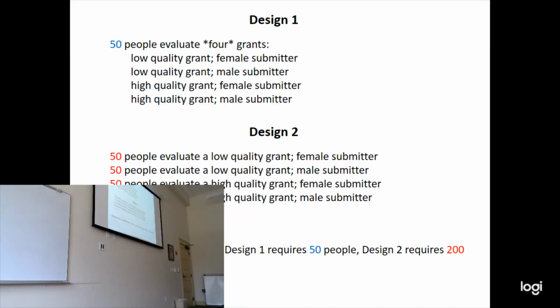Would you call the second design just between subjects? Yes, that's one common term, fully between subjects. Another common term for design one is fully within subjects. Although I've been using the term unit, because you don't have to have repeated measures on subjects all the time.